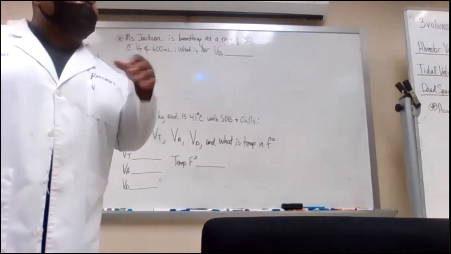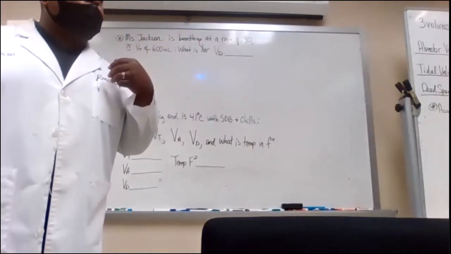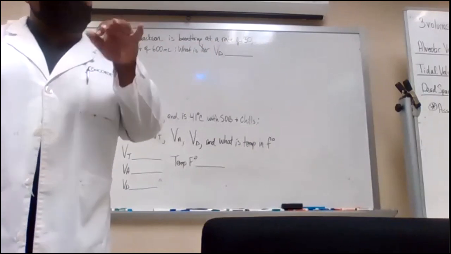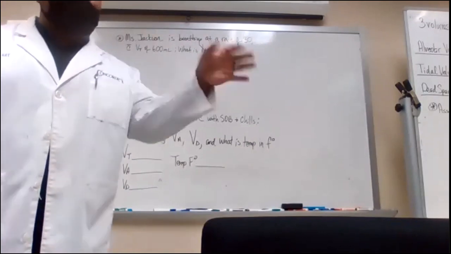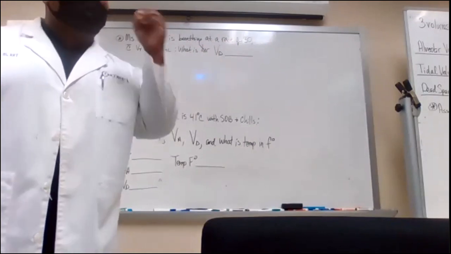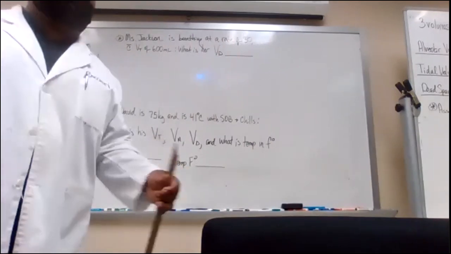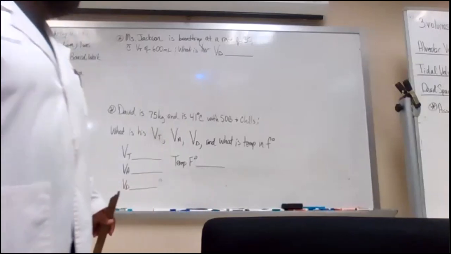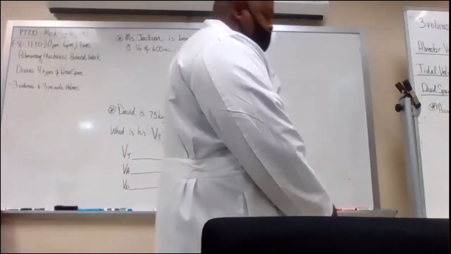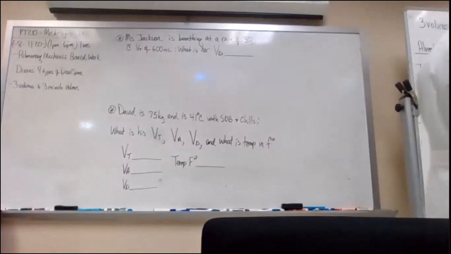The normal CO2 is 40 millimeters of mercury. So if I ask you a problem that you have to figure in CO2, and I don't give you the CO2, you have to assume it's 40. You can't say, well, he's breathing fast, so it can't be 40, it's probably low. No, you can't do all that. You have to go with what we give. All right, so let me work it out with you.